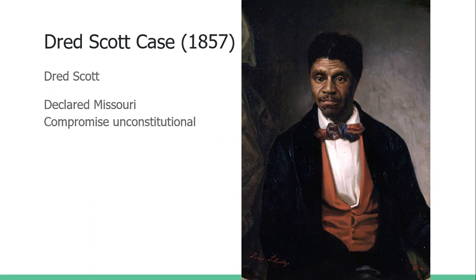So he took his master to court, and he argued, hey, I'm a slave, but I was taken to a place where slavery is not allowed, therefore I should be free.